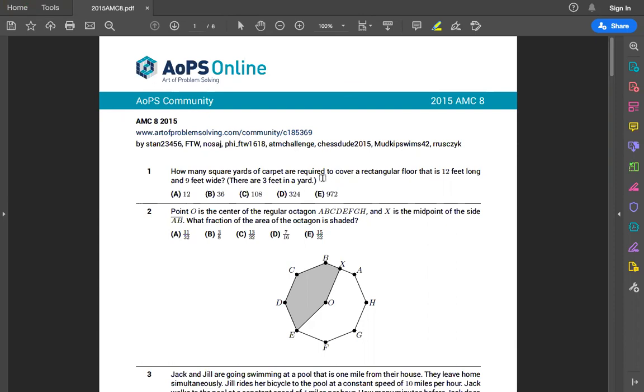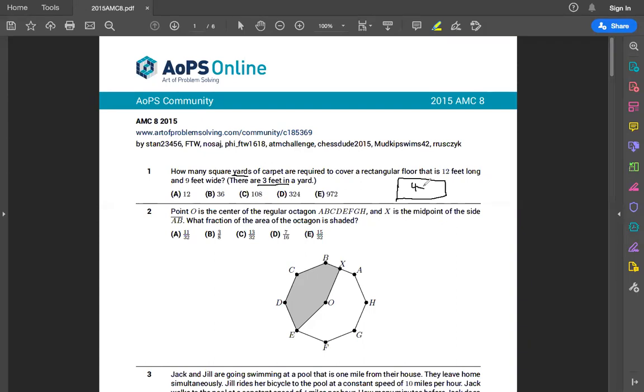Alright, how many square yards of carpet are required to cover a rectangular floor that is 12 feet long and 9 feet wide? It tells you that there are 3 feet in a yard. So if we consider a carpet, if it's 12 feet long, we can convert this to yards, because we need square yards. 12 feet is 4 yards because there are 3 feet in a yard.